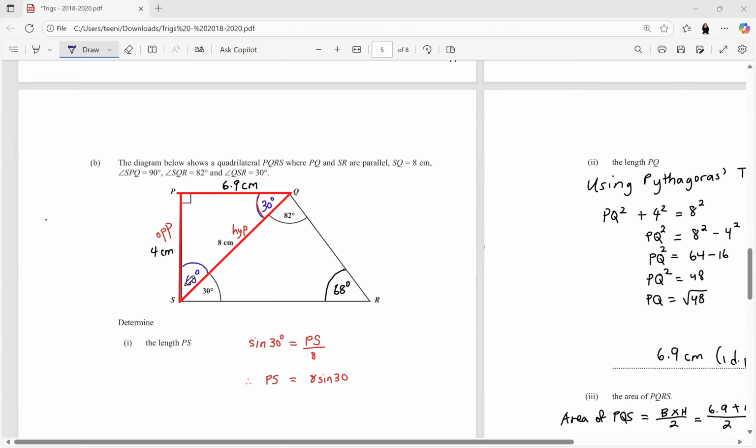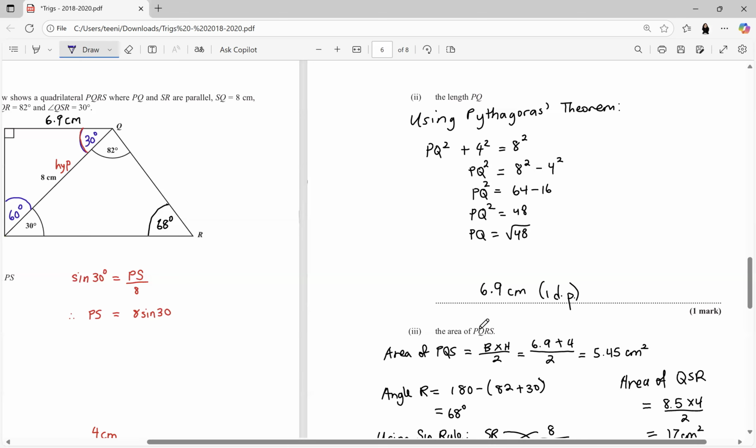So in this triangle PQS, you now have the base, 6.9 cm, and the height of 4 centimeters. So you can find the area of the triangle PQS by using the formula base multiplied by height divided by 2. So I did 6.9, the base, times the height, 4, and then I divided by 2, and that's how I got 5.45.